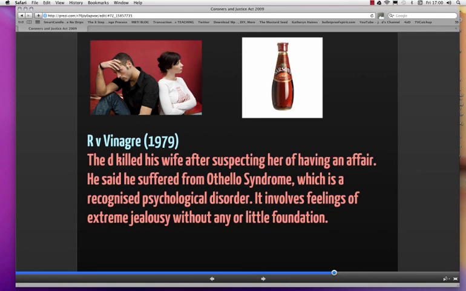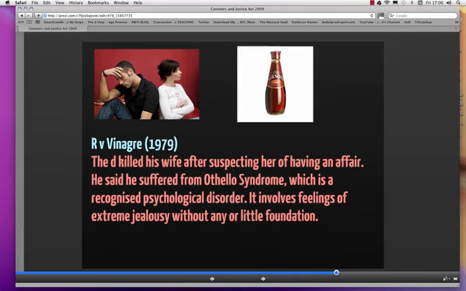It involves feelings of very extreme jealousy without any or very little foundation. And the judge wasn't very happy about having to recognise this known medical condition, but nonetheless it's a known medical condition, which means it had to be recognised, and the defendant was able to successfully plead it.